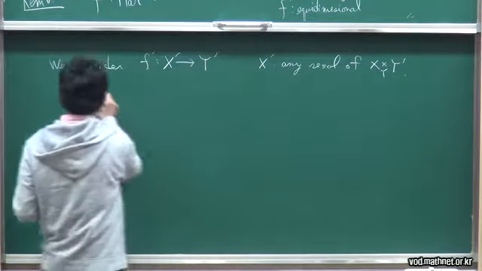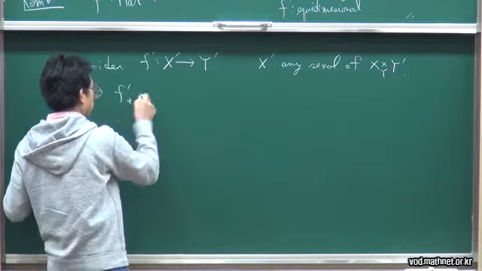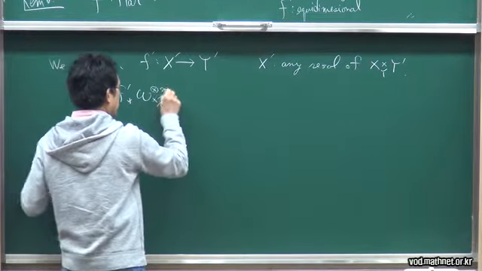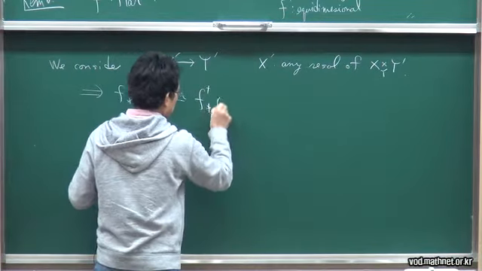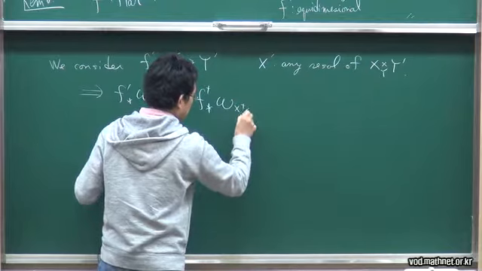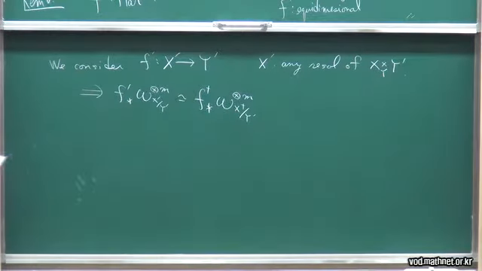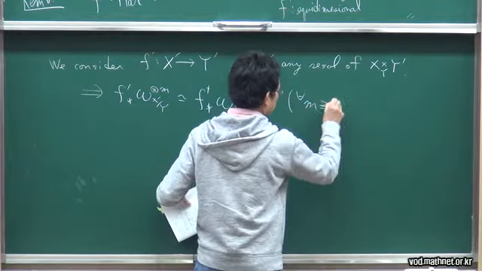Then f prime push forward omega X prime over Y prime tensor M is isomorphic to f dagger push forward omega X dagger over Y prime tensor M, for any positive integer m.